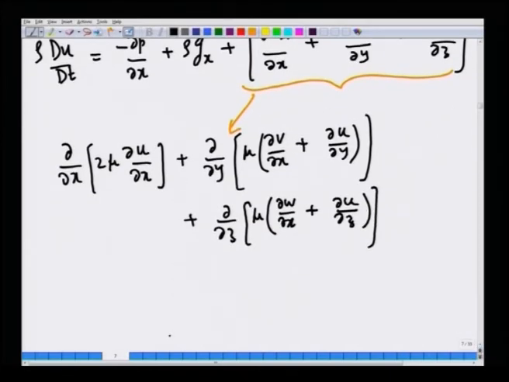Okay. Now, I can write the first term, since it is 2, as a sum of 2 terms: partial x of mu partial u partial x, plus again the same thing.